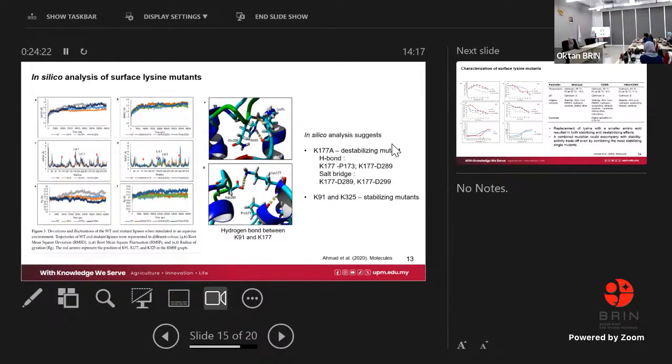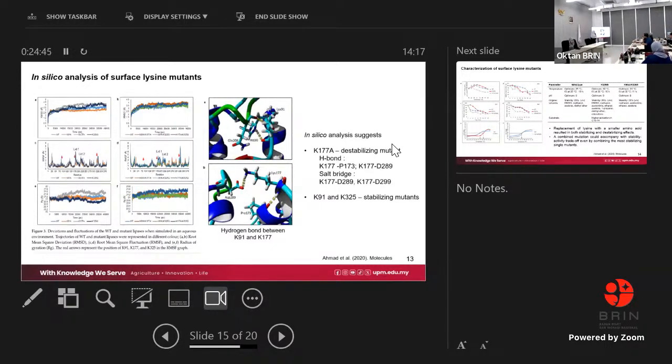We further analyzed this residue and found that it is conserved in the sequence, and it also forms bonds with other neighboring residues. But this is not the case for 91 and 325.